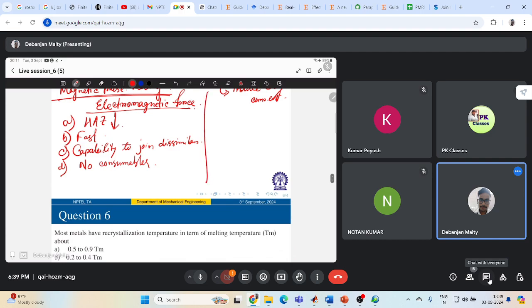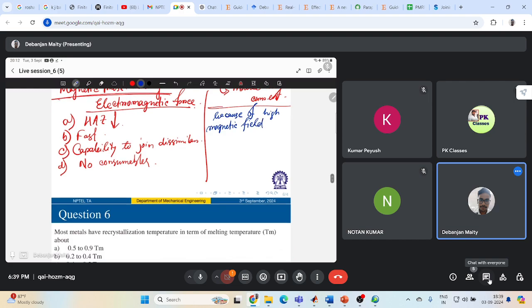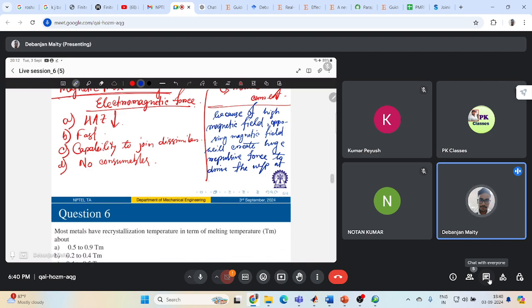Because of the high magnetic field, the opposing magnetic field will create a huge repulsive force to drive the workpiece at a high speed.